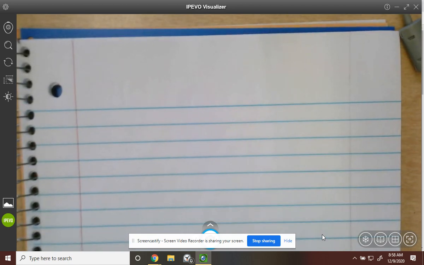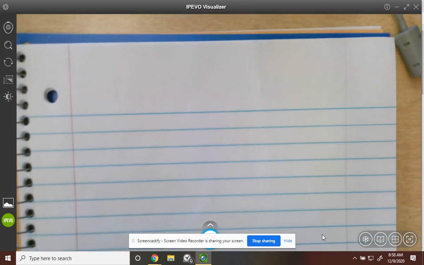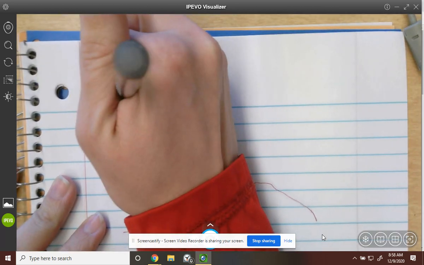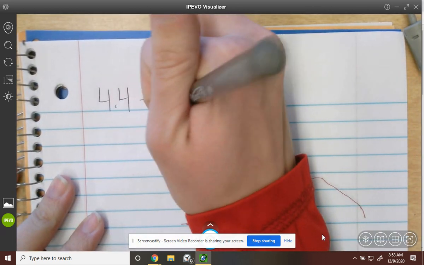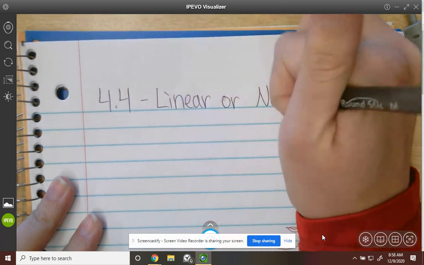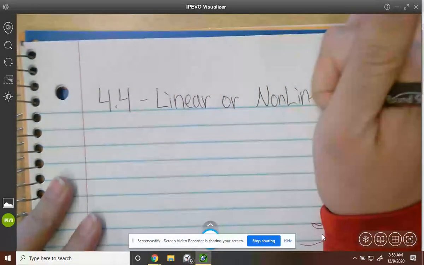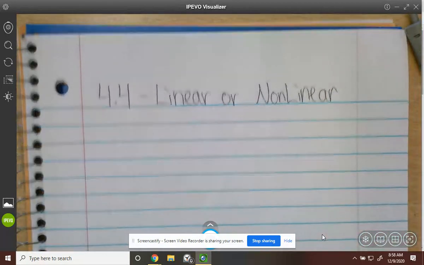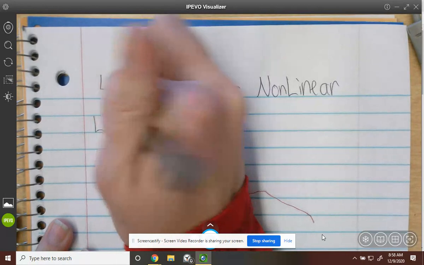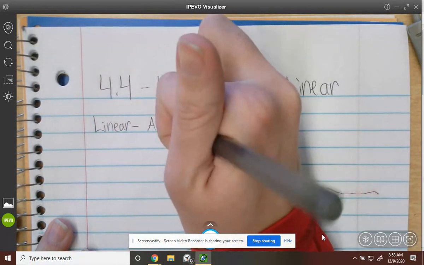Okay, so today we're going to cover something that we kind of already know. I feel like that's this whole chapter, but what do you do? 4.4 is linear or nonlinear. All right, we know on a graph that something is linear if it is a straight line.